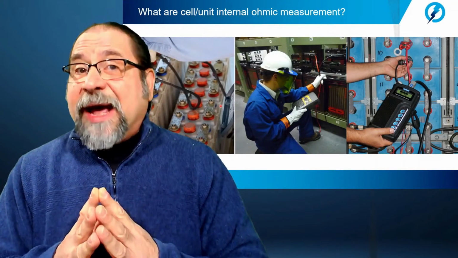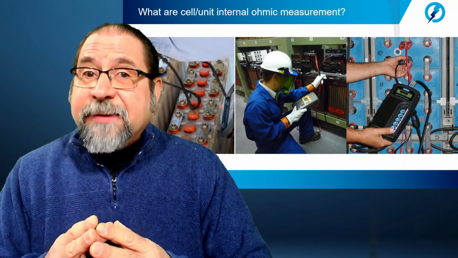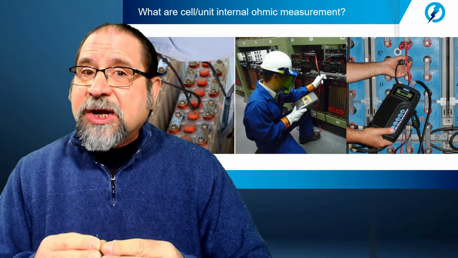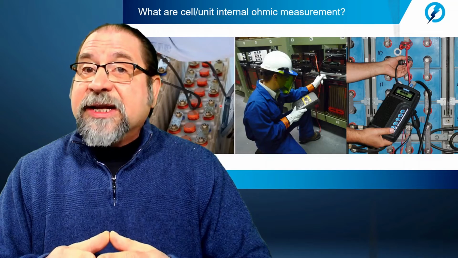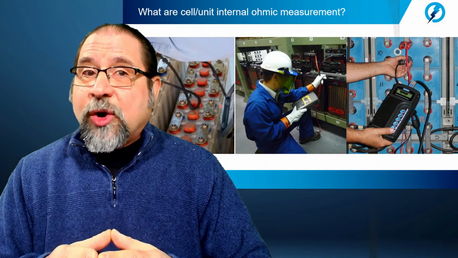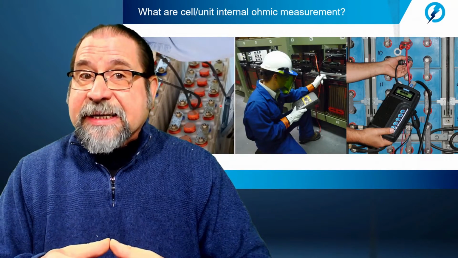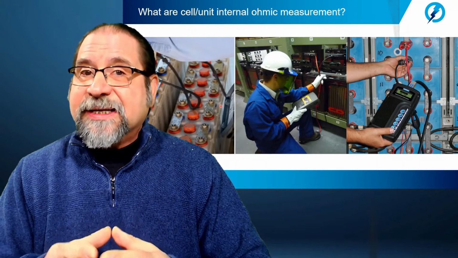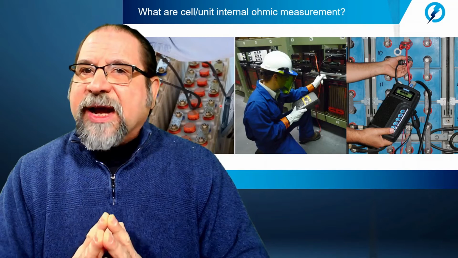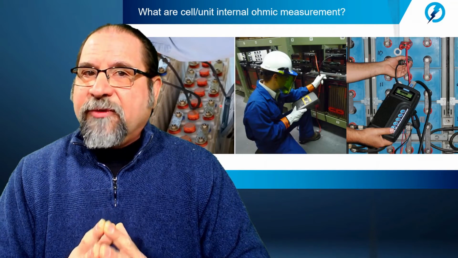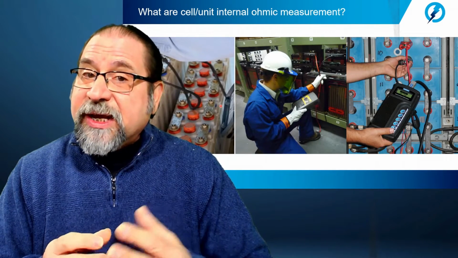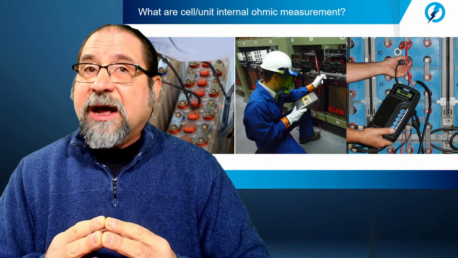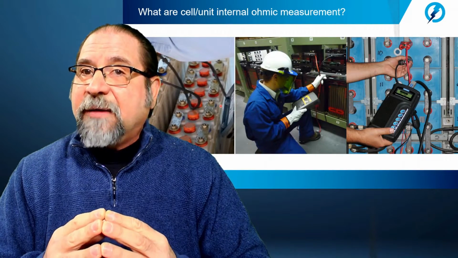Now, in the battery industry, these various types of measurements are referred to as ohmic measurements. Terms used by the industry to describe ohmic measurements are AC conductance, AC impedance, and DC resistance. They are defined by the test equipment providers and IEEE and refer to the method of taking ohmic measurements of lead-acid batteries.